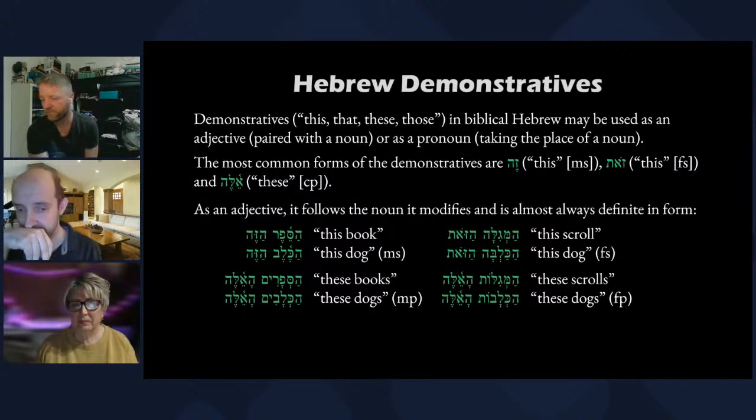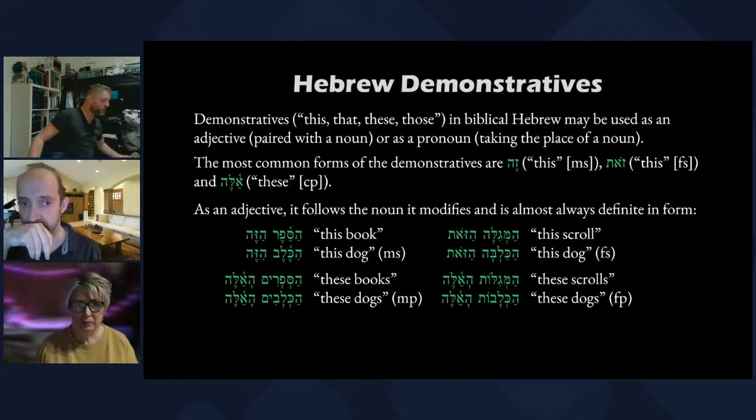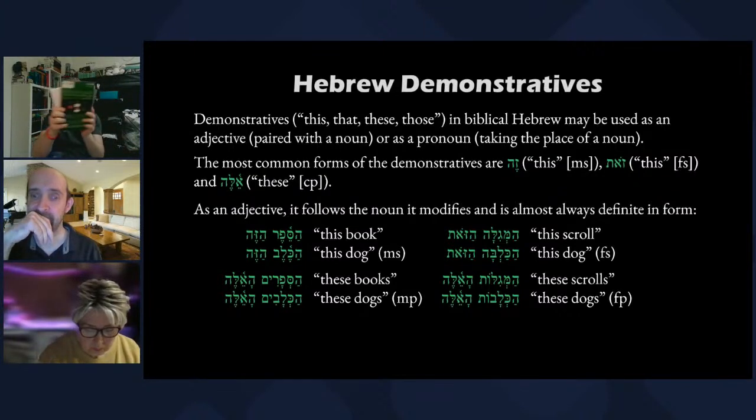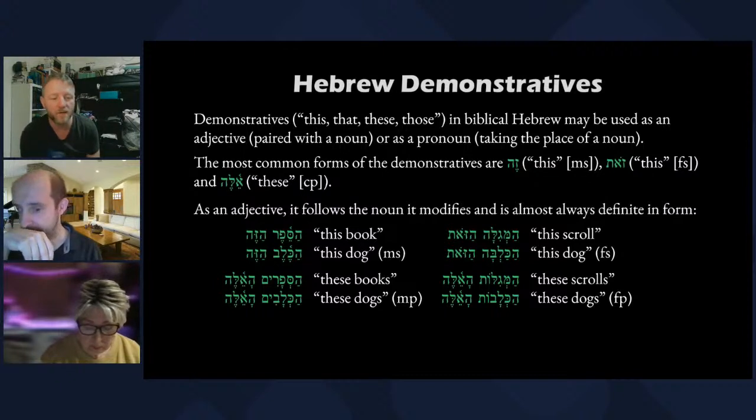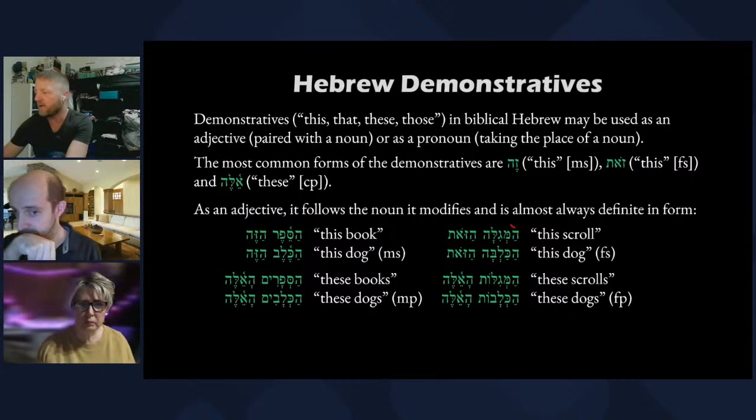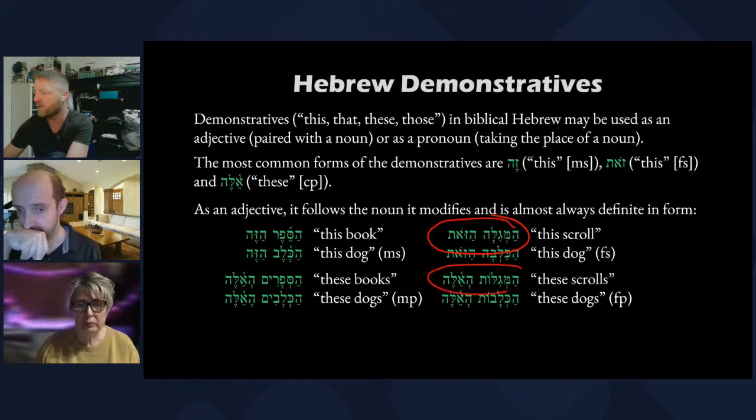So if I were talking about my books, I would say hasfarim ha'ele chashuvim li. They are important to me. These books are important to me. And if I'm in the feminine, guess what? I still say ha'ele. Hamgilot ha'ele. These scrolls. So we say megillah hazot and megillot ha'ele.